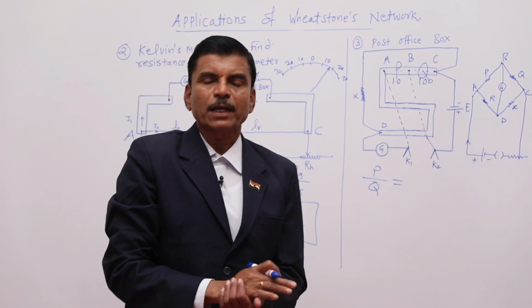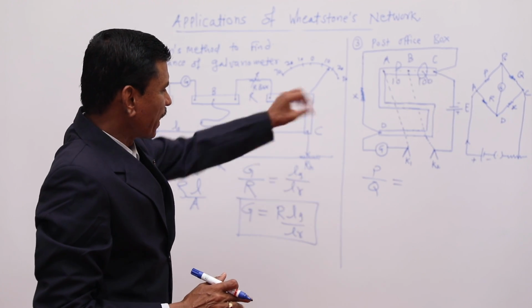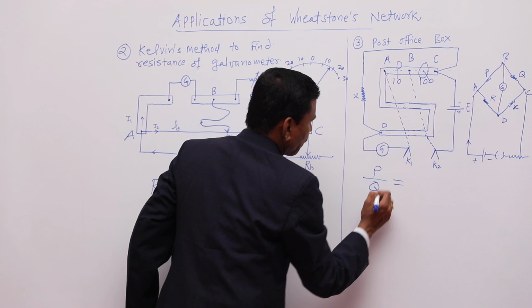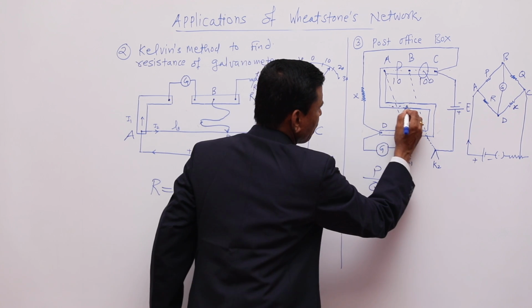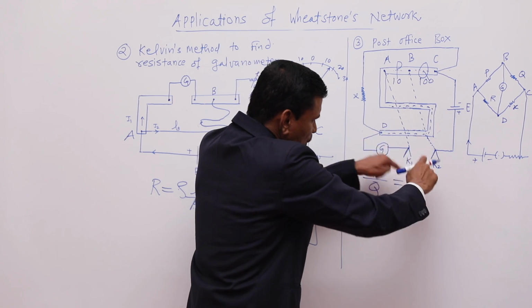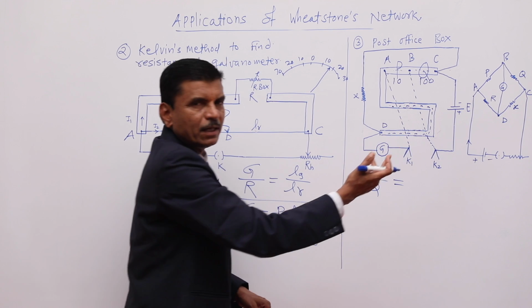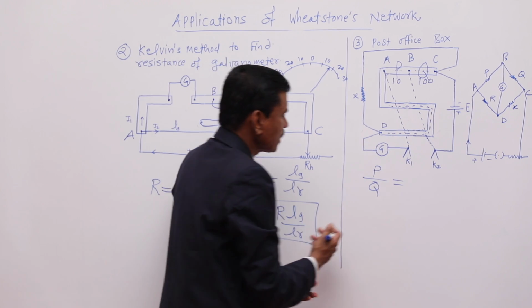Okay. So in this way, the post office box works. If this ratio is 1 upon 10, then find the suitable resistance. Draw the suitable resistance from R. Tap both keys and the galvanometer shows null deflection. So the network will be balanced. So what is our equation?